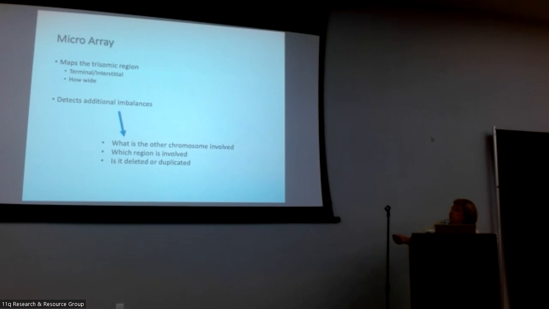It maps the trisomic region that could be terminal or interstitial, tells you how wide the duplication is, would detect any additional imbalance, and would tell you what the other chromosome involved is, which region is involved, and if it is deleted or duplicated. There are many details.